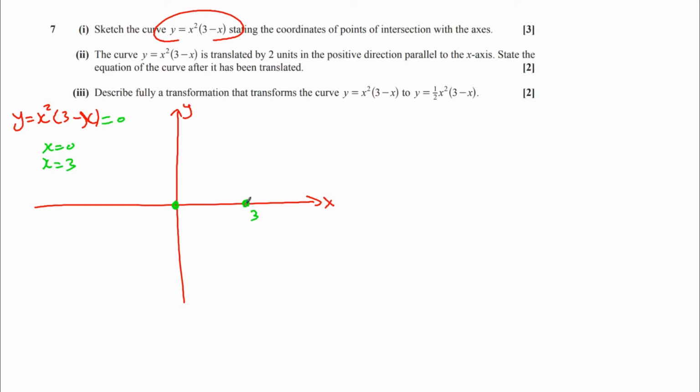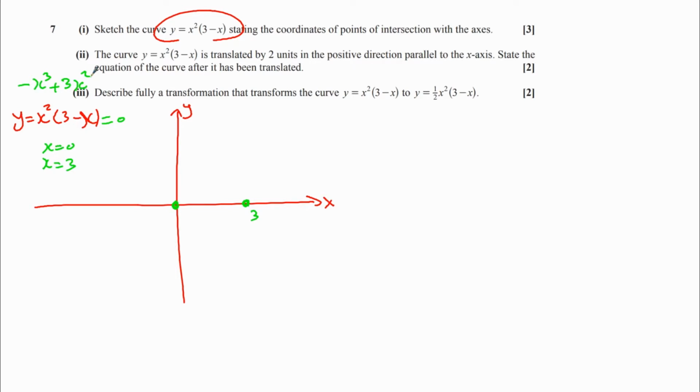Now, the other thing we need to look at is, if I expand this, this would be minus x cubed plus 3x squared.